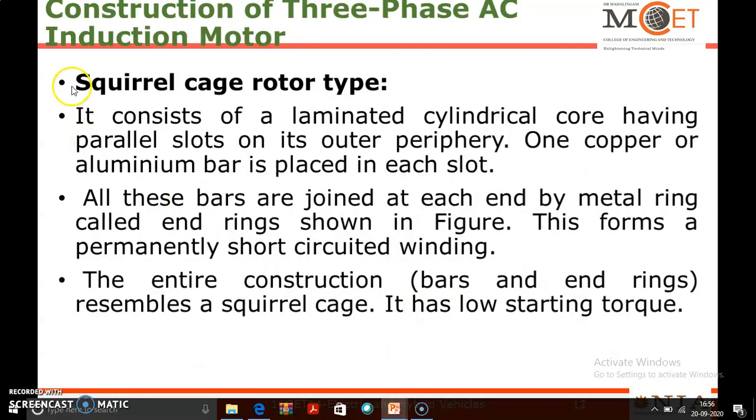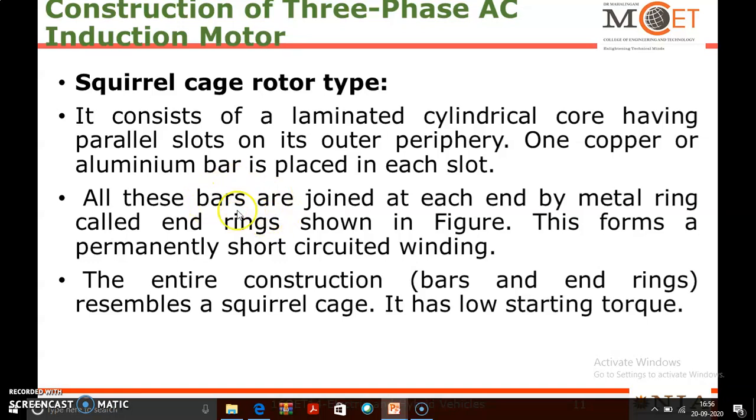The next type of rotor is the squirrel cage type rotor. The motor which has this type of rotor is said to be the squirrel cage induction motor. It consists of a laminated cylindrical core having parallel slots on its outer periphery. One copper or aluminum bar is placed in each slot.